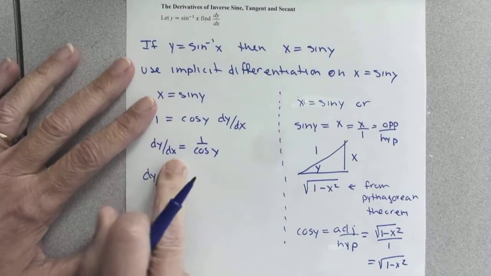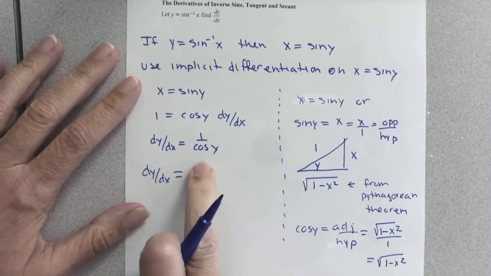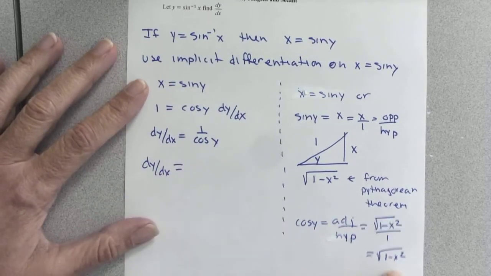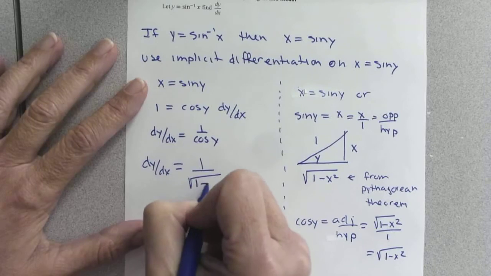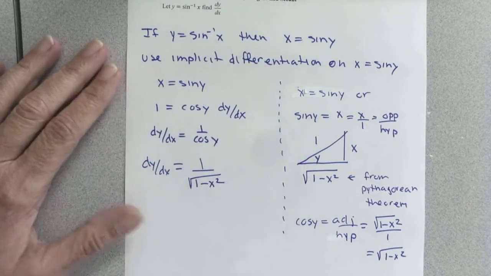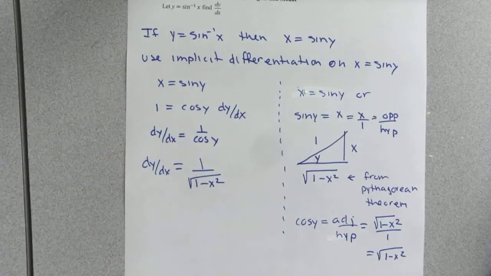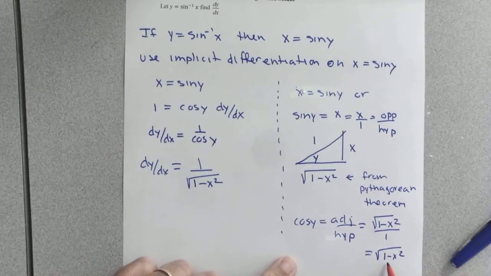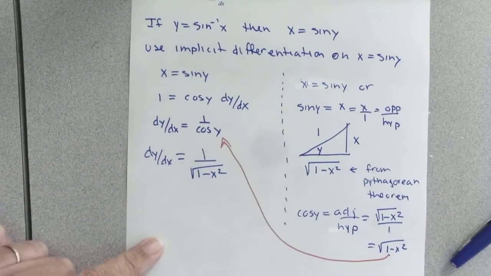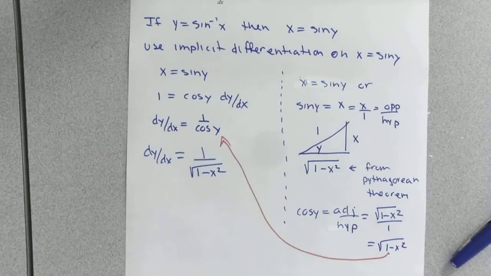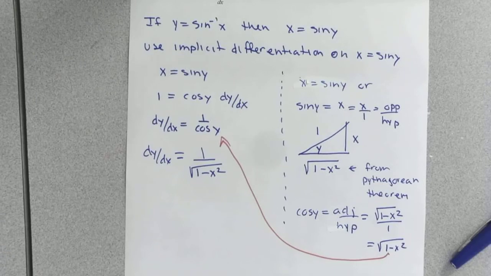The derivative of sine inverse, which turned out to be 1 over cosine y, but I now know what cosine y is, becomes 1 over the square root of 1 minus x squared. All we did there is take this value and plug it in there, and there's my derivative of sine inverse.